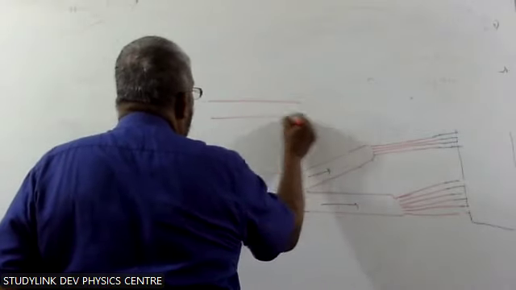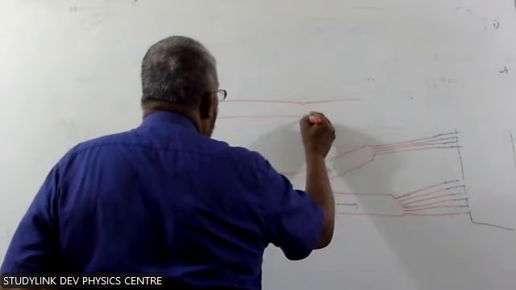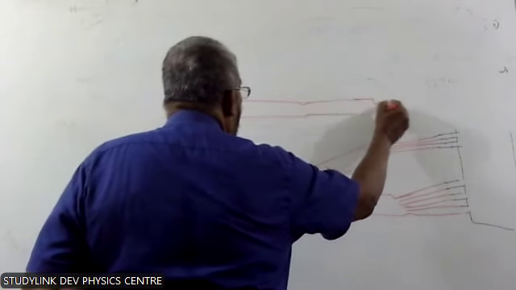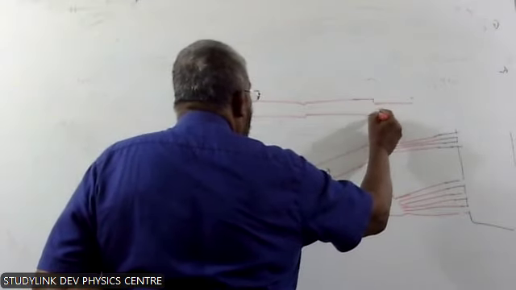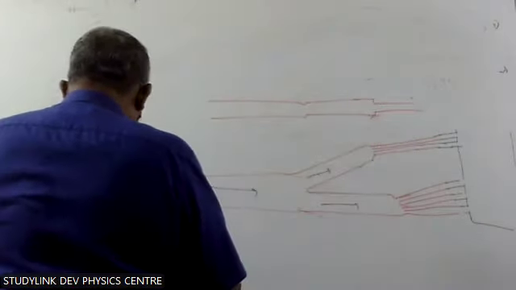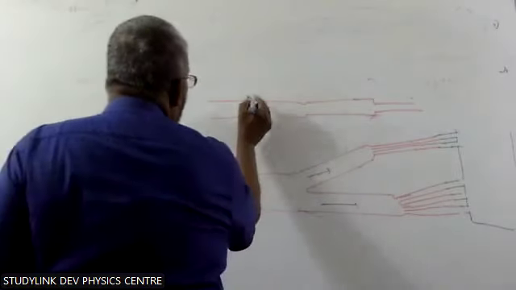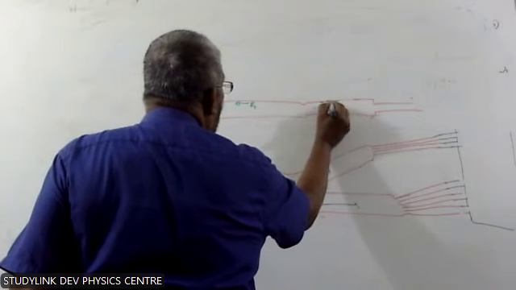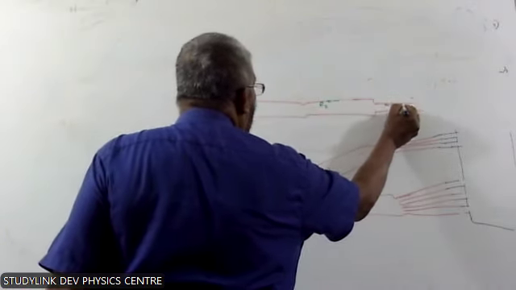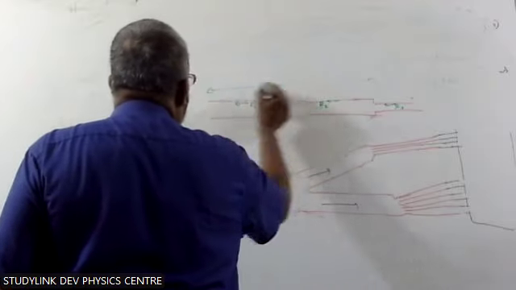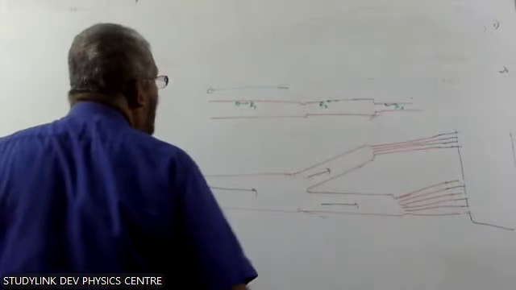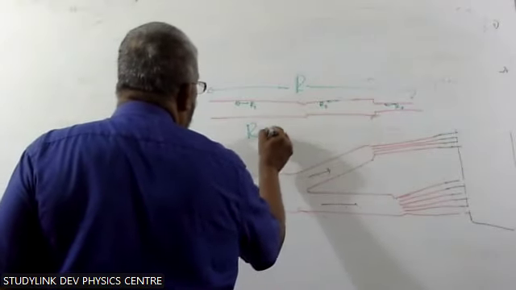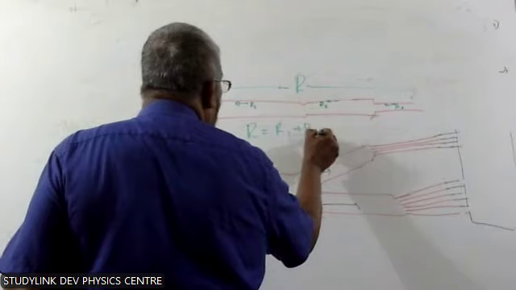If we have only two or three like this, we'll see. These pipes are in series. Then the resistive forces are R1, R2, R3. Everything together is R. We can prove R is equal to R1 plus R2 plus R3.